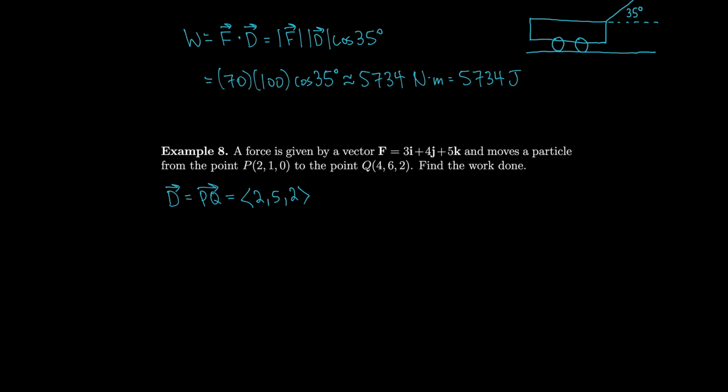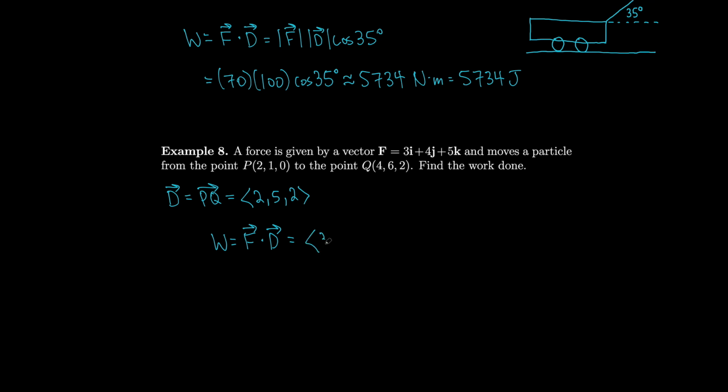So now that we have our two vectors, we can take work. We can write it out as the dot product. Before, we didn't end up actually using the dot product. We used our formula for the dot product. But now, since we know what the vectors are, we could just dot them.